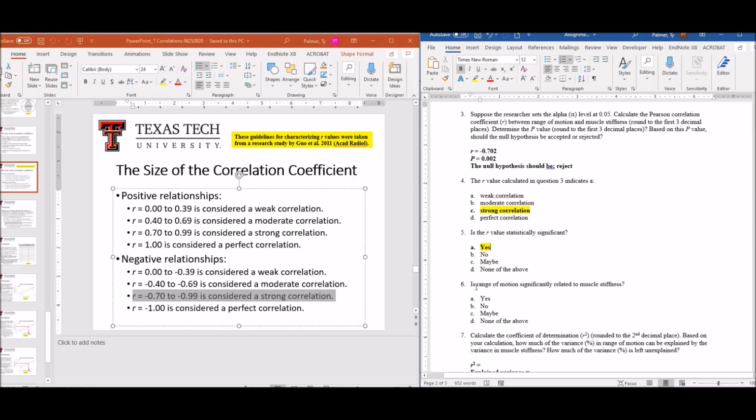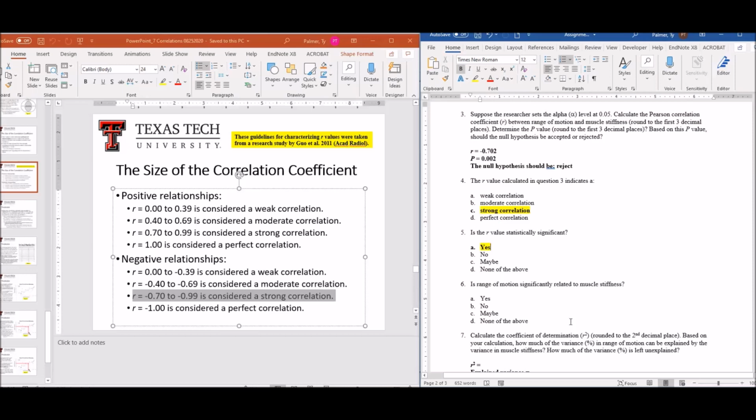Question 6: is range of motion significantly related to muscle stiffness? Again, it's based upon our answers above. Because we rejected the null hypothesis, yes, that's what we're basically stating. By rejecting the null hypothesis, because our p-value is less than 0.05, less than our alpha level, we are saying that yes, the R value is statistically significant, and that range of motion is significantly related to muscle stiffness, or vice versa.